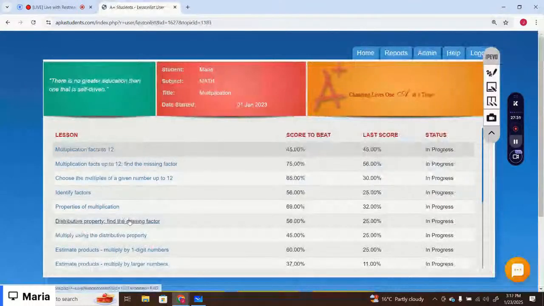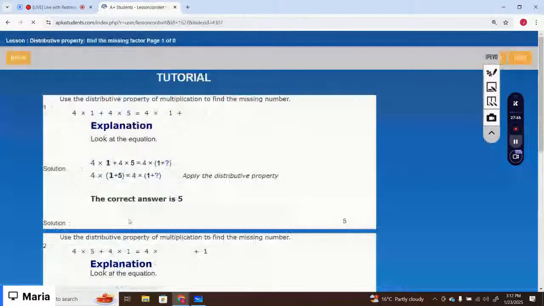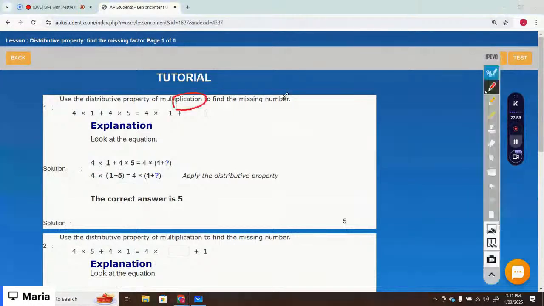Distributive property, find the missing factor. So now we're going to learn the distributive property. The first thing you need to learn about the distributive property that is very important is distributive property always involve two operations, the multiplication and either addition or subtraction.